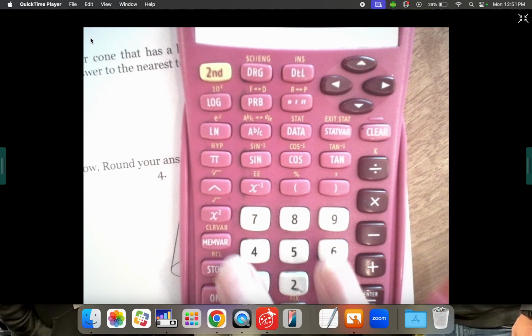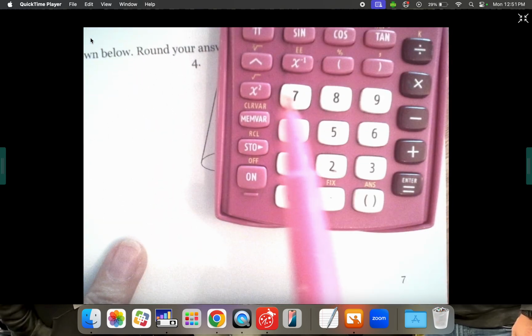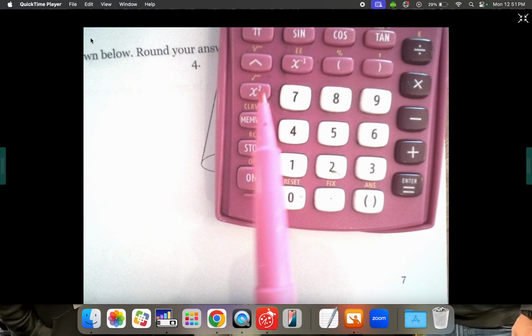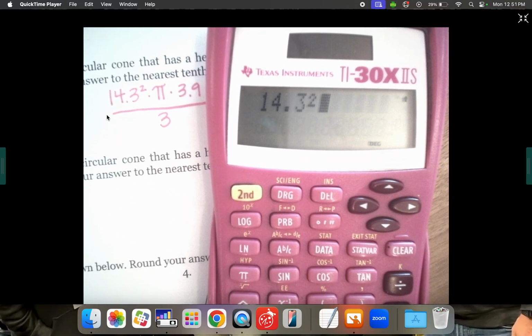Squared. You can either do times 14.3 to get it on there again, or if you have a calculator that has a squared button, mine looks like x squared, but if I tap that button right there, it'll just put a little squared onto my 14.3. So 14.3 squared times pi. Okay, I know in 7th grade they let you use 3.14 for pi, but that's rounded, and I want it to be more precise.